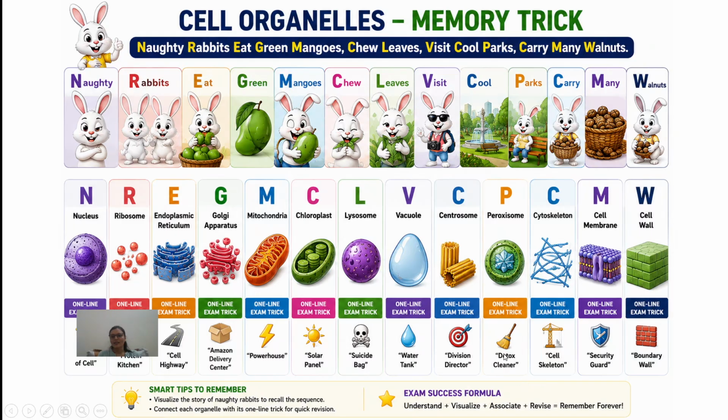It contains various types of enzymes, so it can detoxify the cell. The cytoskeleton is the cell skeleton. The cell membrane is the security guard: which molecules go inside and which go outside is decided by the cell membrane. And the cell wall is the boundary wall.